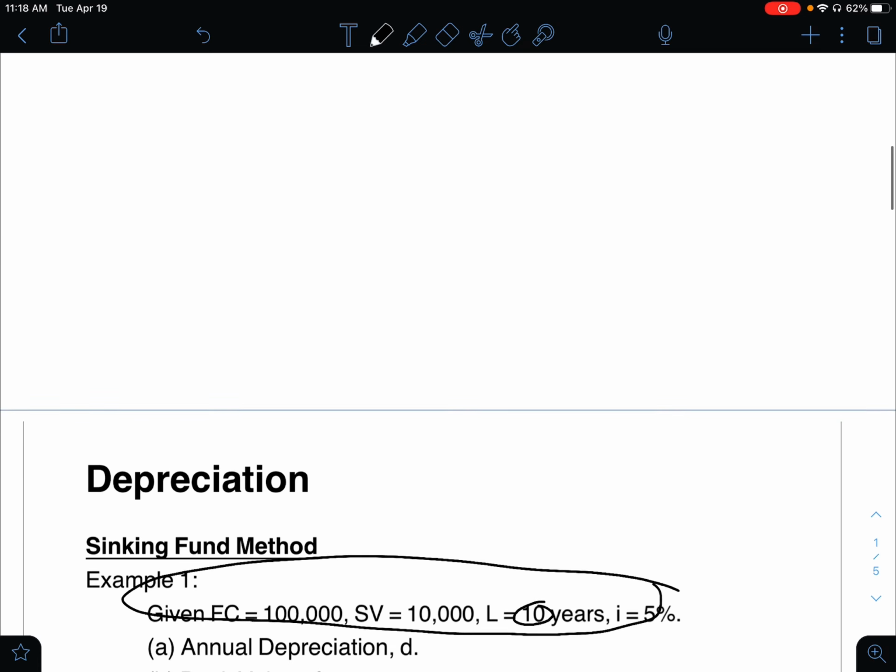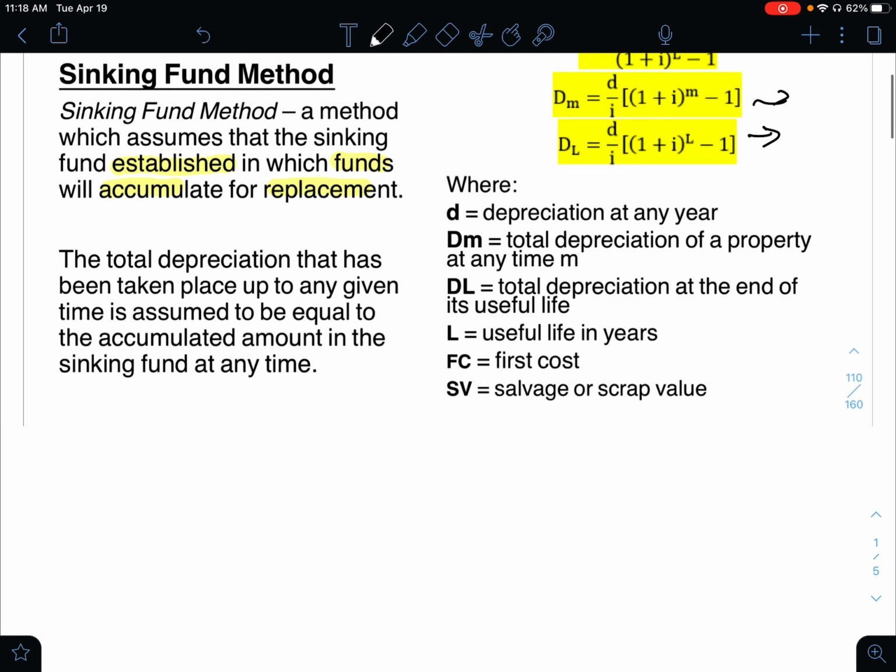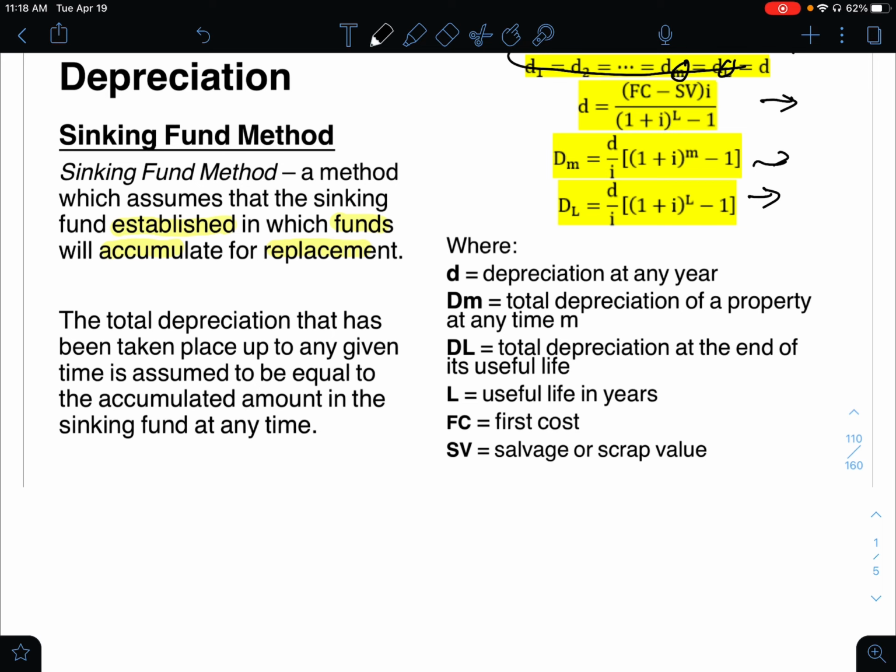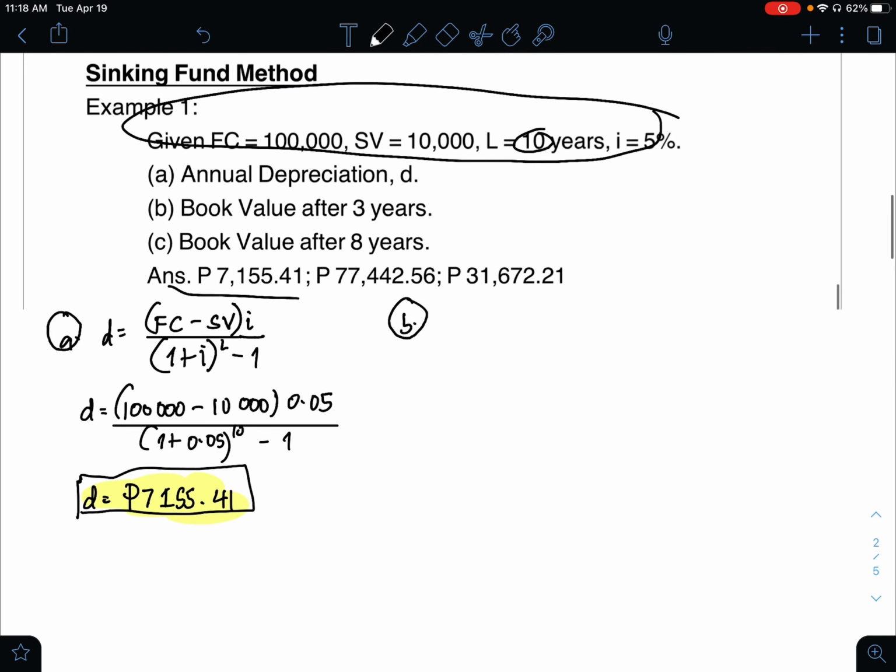Okay, so question letter B is to find the book value after 3 years. So our book value is BVm. The formula was shown in the first part of the video about depreciation under the straight line method, where I introduced that the book value, or BVm, is just equivalent to the first cost minus Dm.